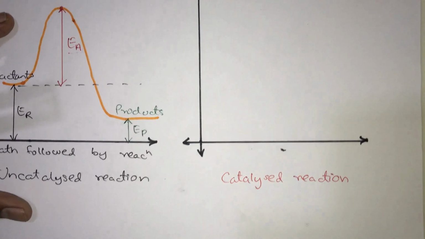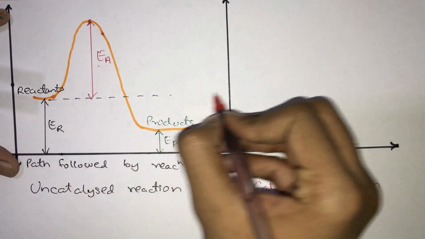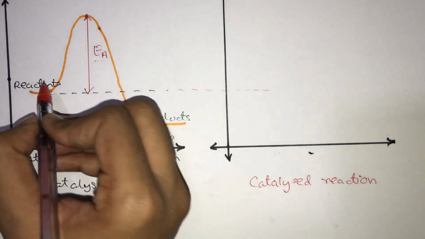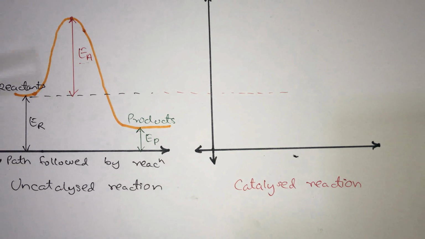Now in catalyzed reaction, what happens is that according to the four general characteristic, the reactants will have same amount of energy. Even if you add a catalyst, the energy of the reactants is not going to change. So your graph is going to start obviously from here.